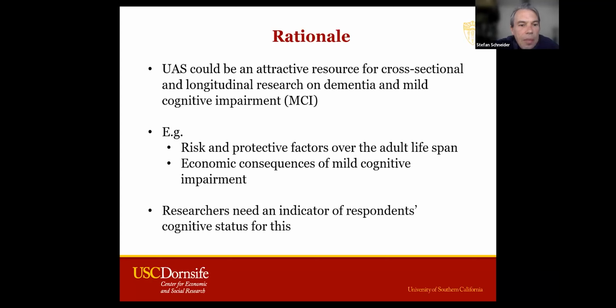But we thought this could really be attractive if we had an indicator of cognitive status for respondents, for research, for example, on risk and protective factors of mild cognitive impairment, on economic consequences of mild cognitive impairment, and so forth.